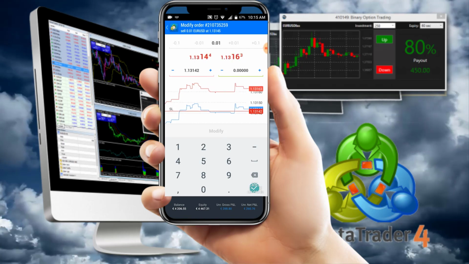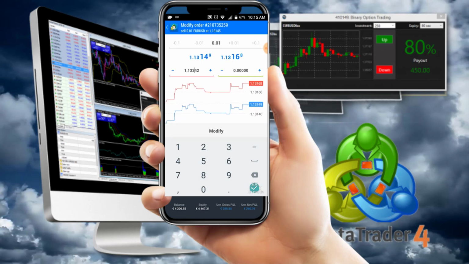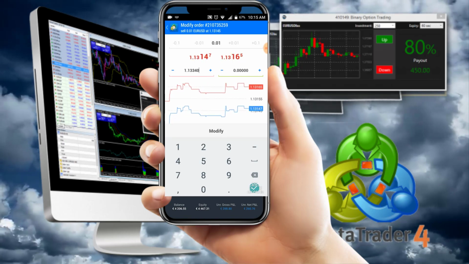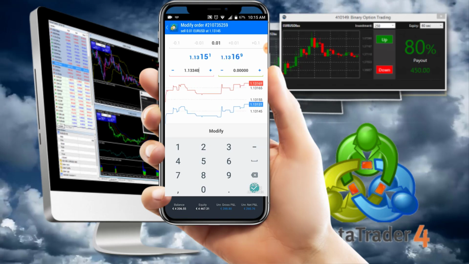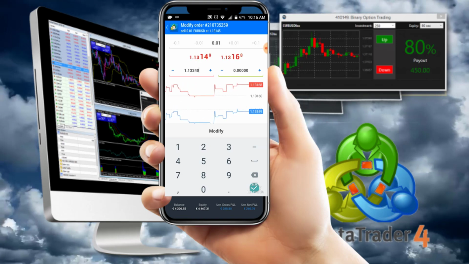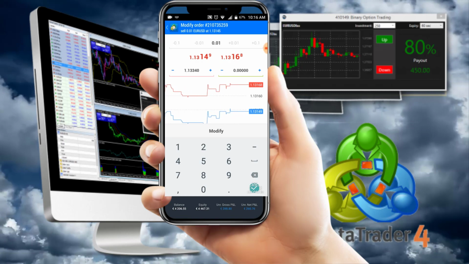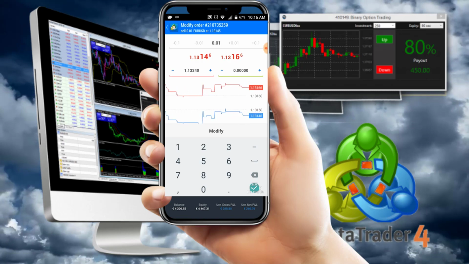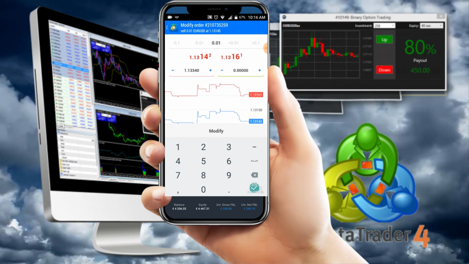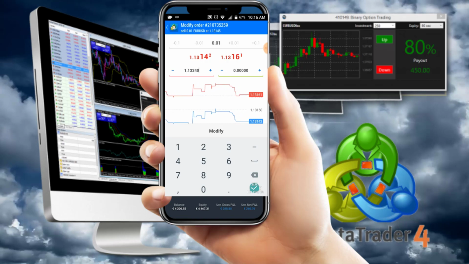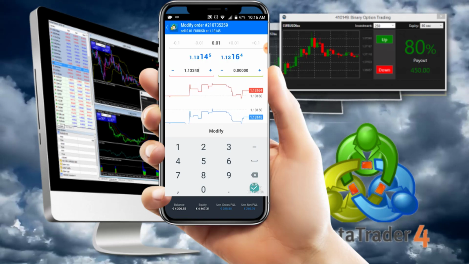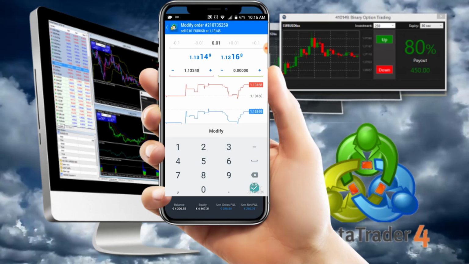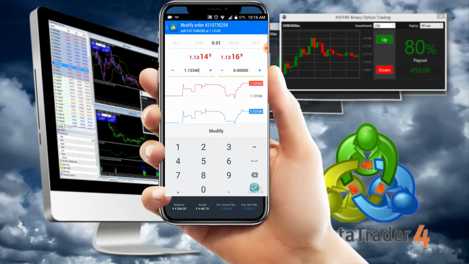So that means 14, 24, 34. I'm going to change it to 34. That's approximately 30 pips is what we call it. So it's 113.14 now, and my stop loss is 113.34. So I'm willing to lose that much money, which will probably end up being like $3 on this trade.